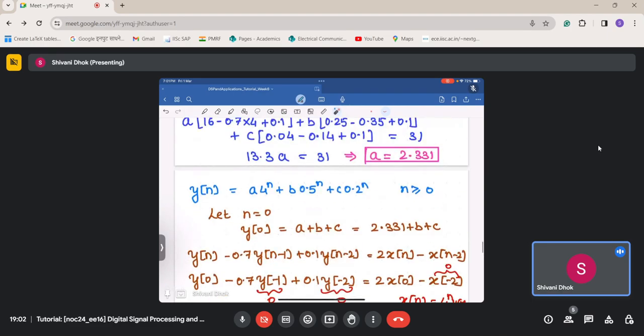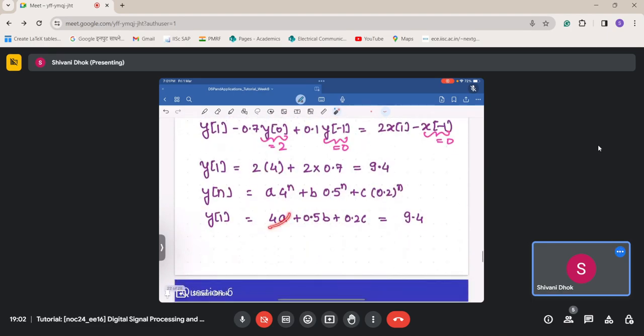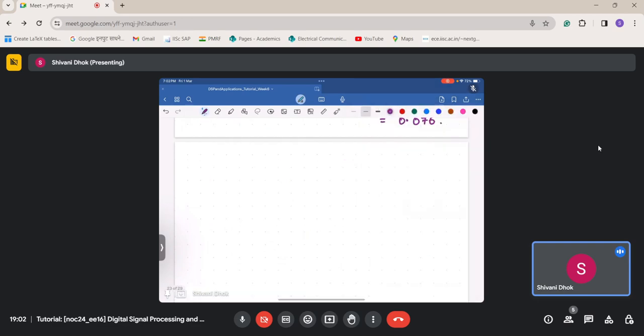The value of A is 2.331, so we can substitute that here and take it this side. What we'll be left with is 0.5B plus 0.2C is equal to 9.4 minus 4 into 2.331, and this comes out to be 0.076.